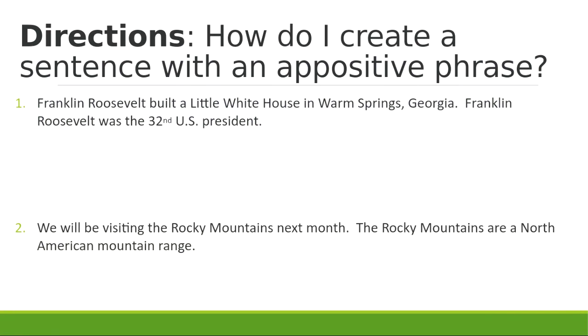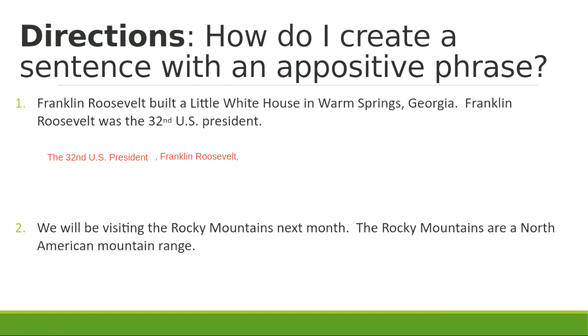You look and see, where did I name someone? And where do I give extra detail about who or what they are? So if I was going to create this in a paper, I could say: the 32nd U.S. president, comma, and then I want to add my appositive phrase, Franklin Roosevelt, comma, and now I can add the rest of my sentence.